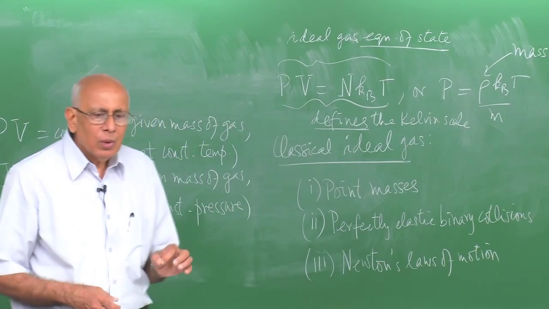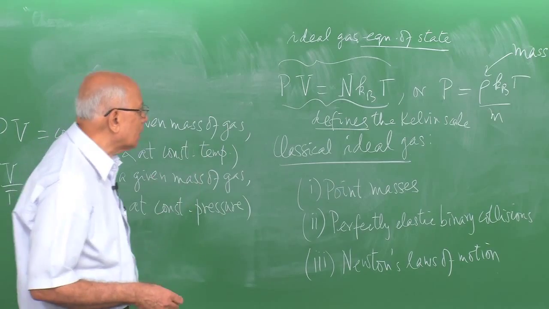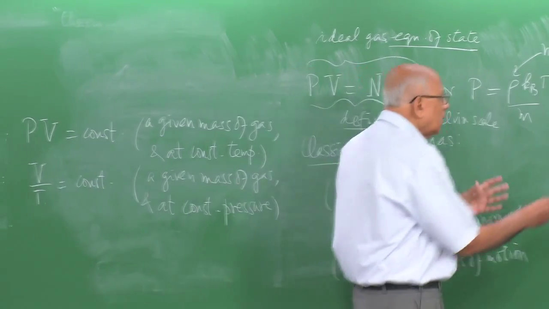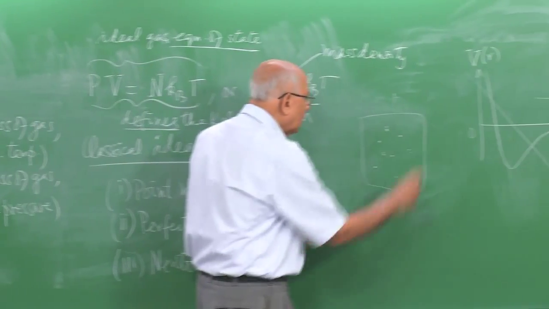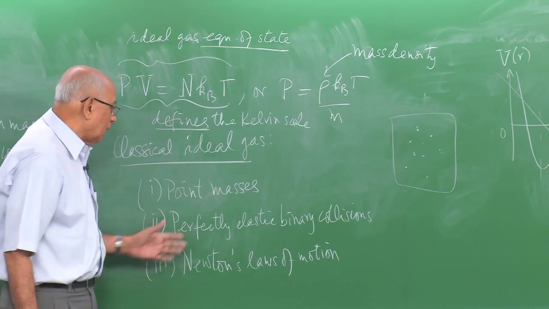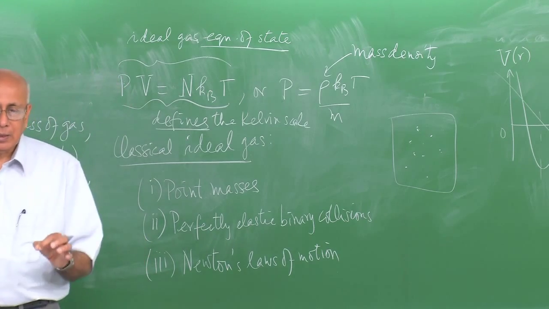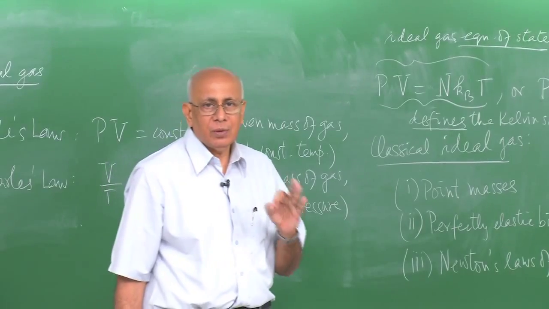We actually know what the average energy of a gas of n particles is. So remarkably, even though these are all whizzing about, under these conditions of perfectly elastic binary collisions, we can actually write down an expression for the average energy of the system.